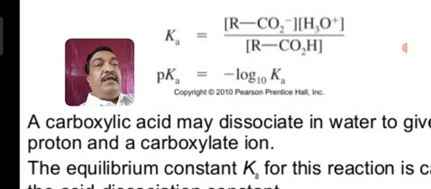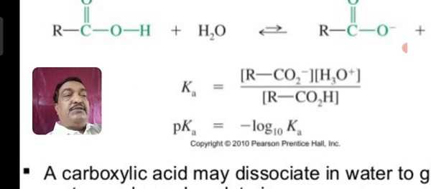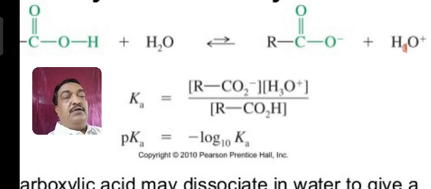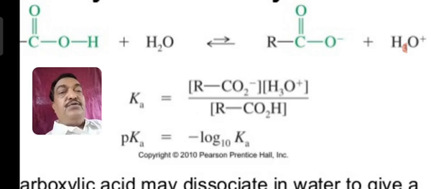Now what is Ka? Ka is obtained from the ionization of the carboxylic acid with water to give the anion and H3O plus. Applying the law of mass action, Ka is the concentration of RCOO minus multiplied by H3O plus, divided by the concentration of unionized carboxylic acid RCOOH.